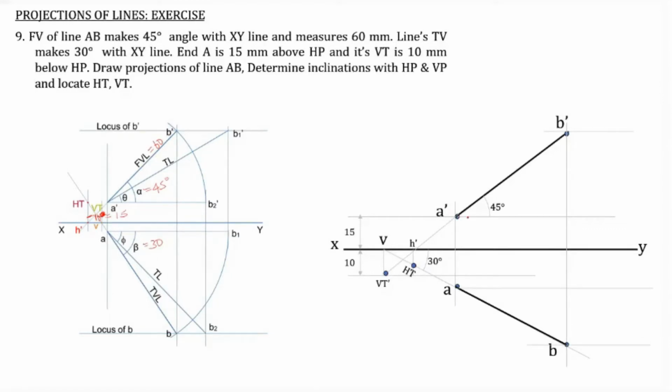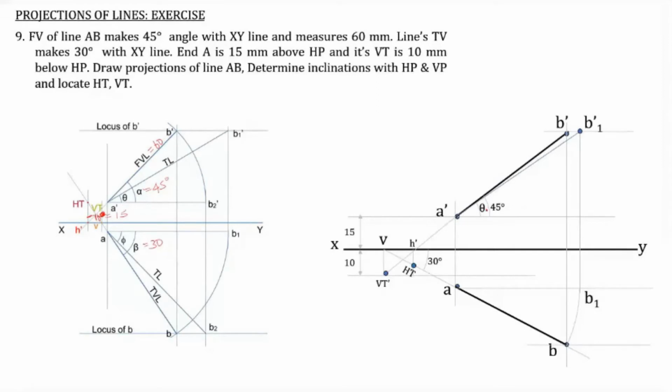Then we rotate AB, that is the top view, in order to get the point B1. Then B1 dash is obtained. Then A dash and B1 dash are joined, and the corresponding inclination is theta. So the inclination of A dash B1 dash with the XY line will be theta.